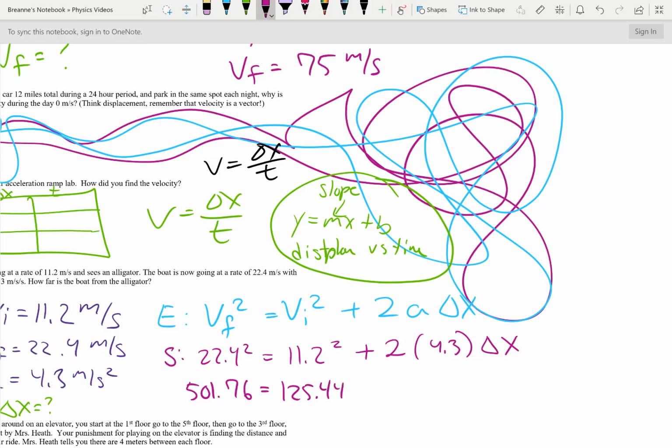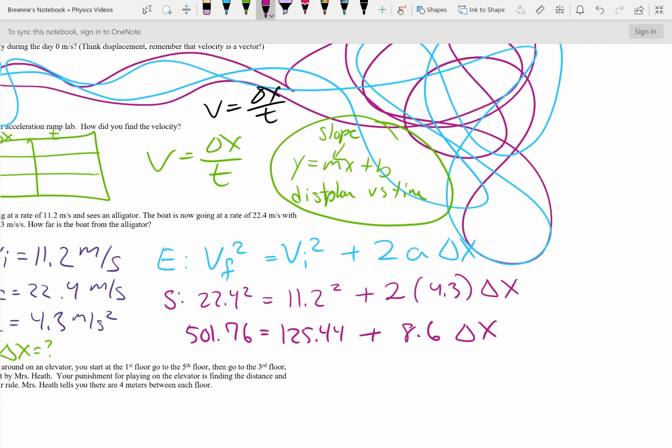And then you multiply your 2 times your 4.3, and you get 8.6 delta X.